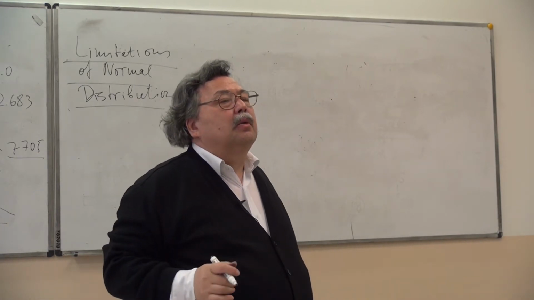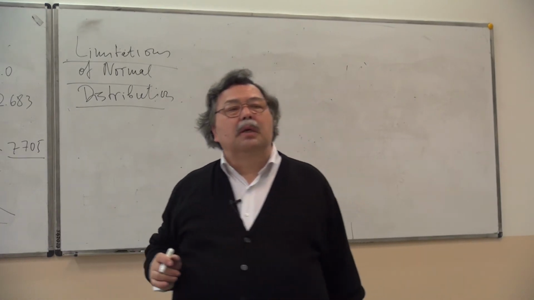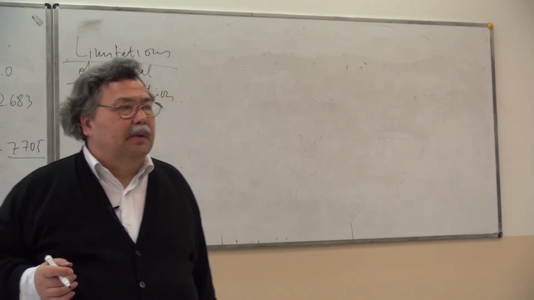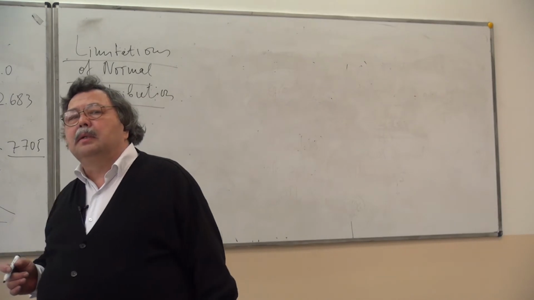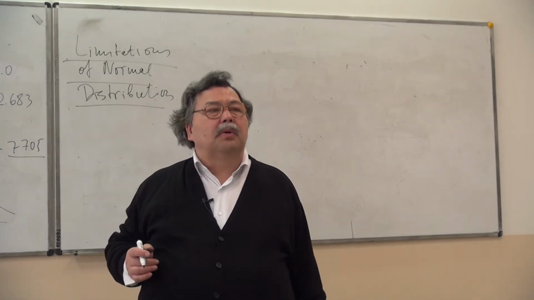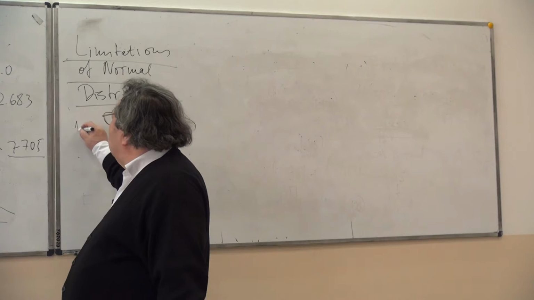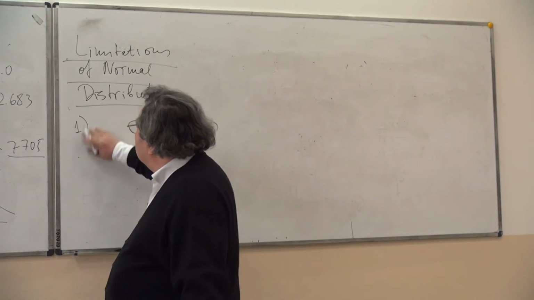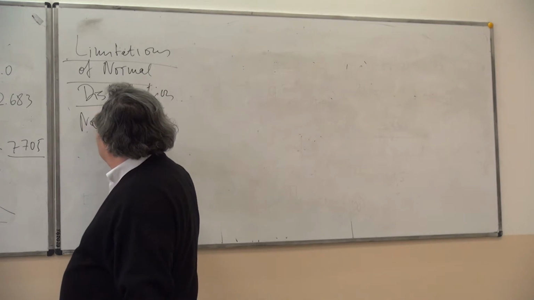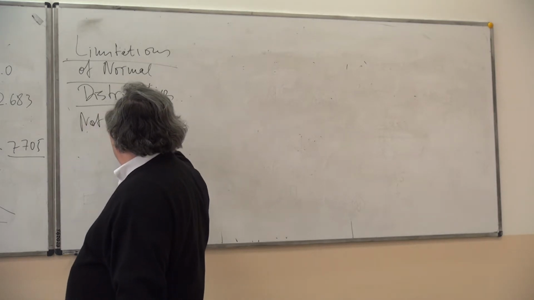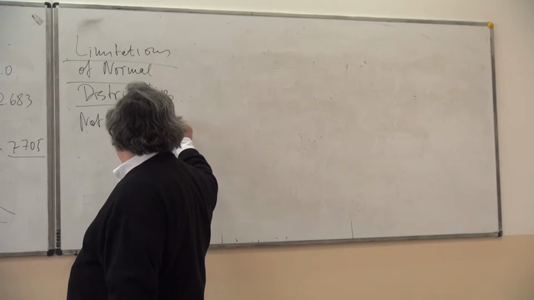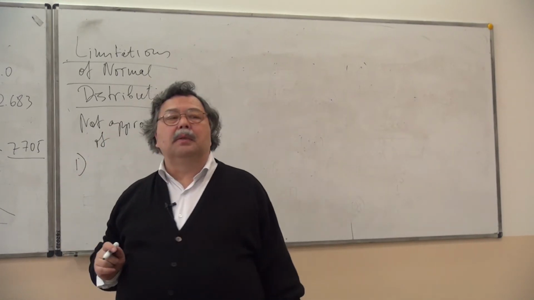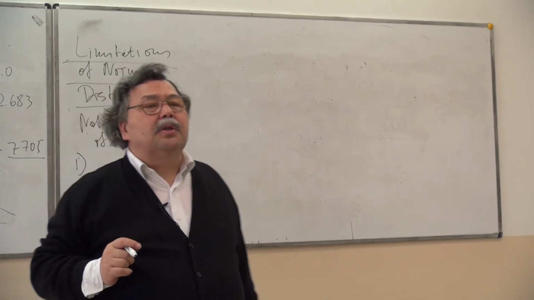It's not always a good idea to use the normal distribution to model the random variable that you have to deal with. So a normal distribution is not appropriate, first, if the random variable under study is essentially positive.